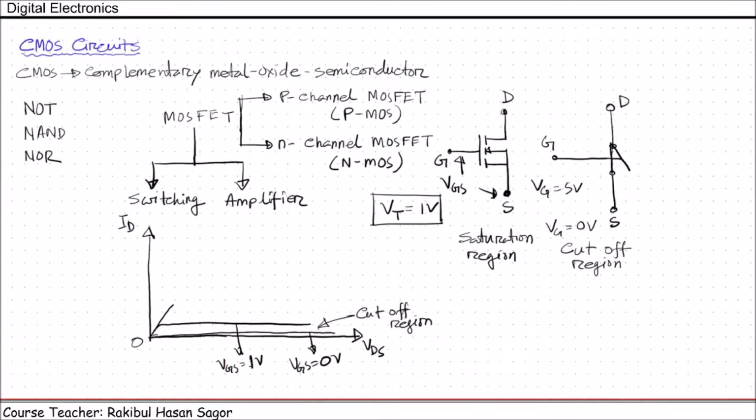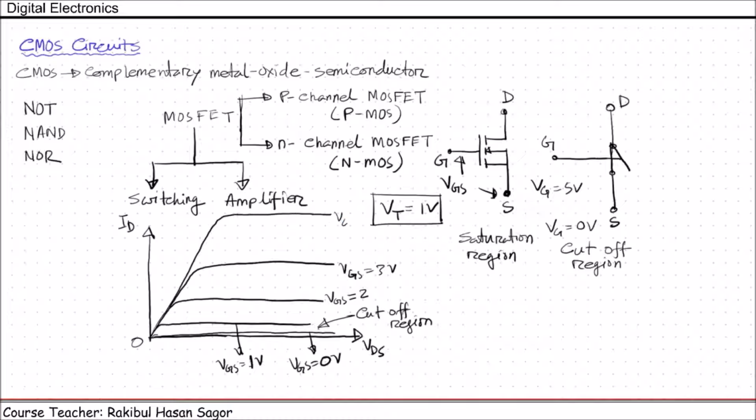Then this is VGS equal to 2 voltage, for example. This is for VGS equal to 3 voltage. And suppose this is for VGS equal to 5 voltage.